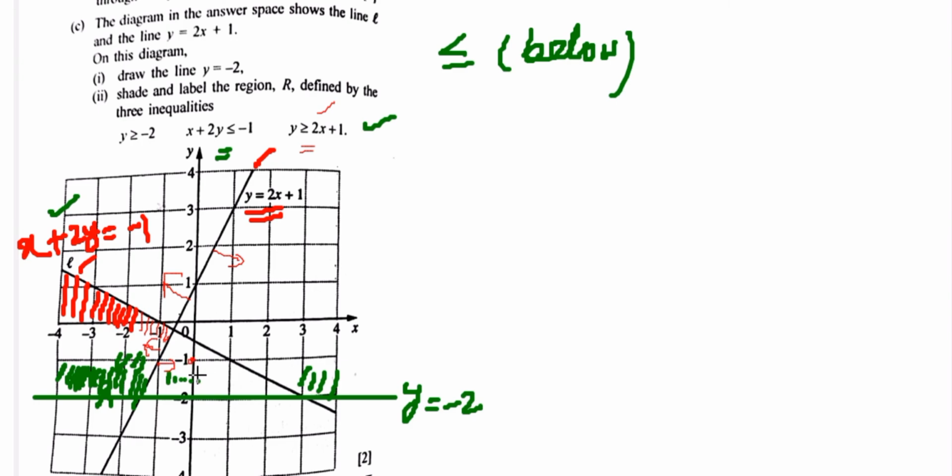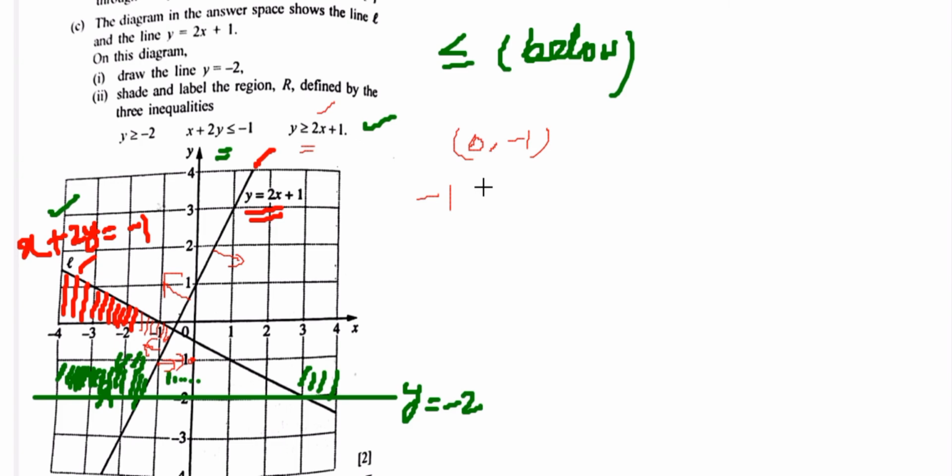You can take a test point of this region. This is y is equal to minus 1 and here x is equal to 0. This is the y-intercept. If you put x is equal to 0 and y is equal to minus 1 in this inequality, suppose you say the shaded area is on the right side.